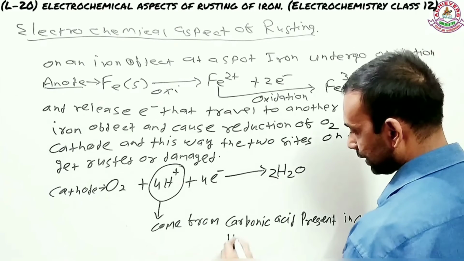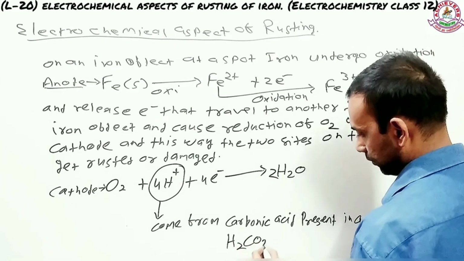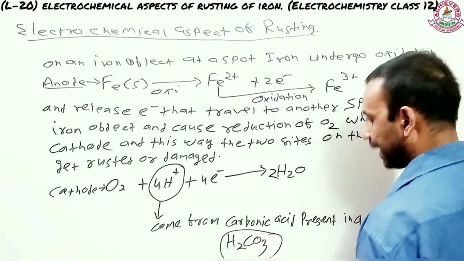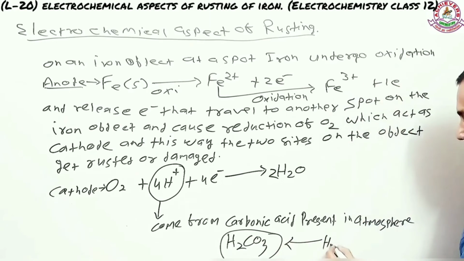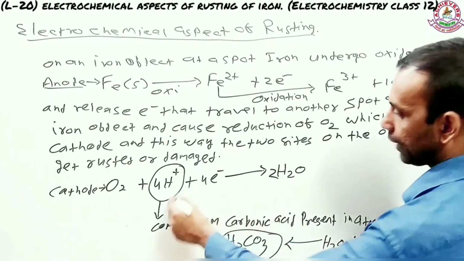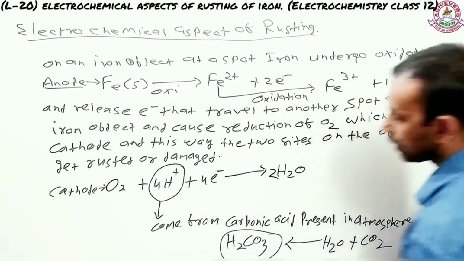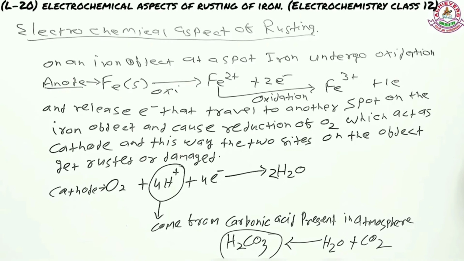So what is this carbonic acid? H2CO3. This is a weak acid which is produced by the reaction of water and CO2. So this hydrogen comes from the carbonic acid, and carbonic acid is formed by the reaction of water and carbon dioxide. Though this is a complex thing because this requires an enzyme, I'm not going to confuse you.